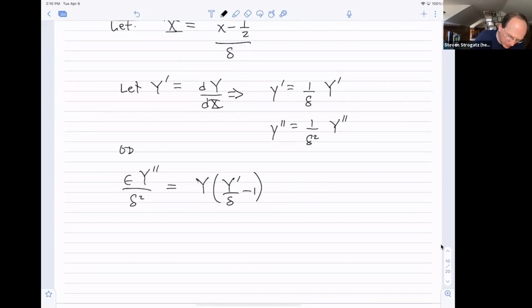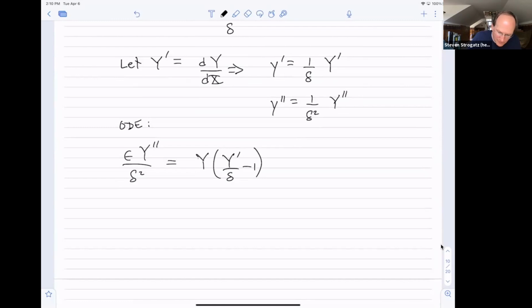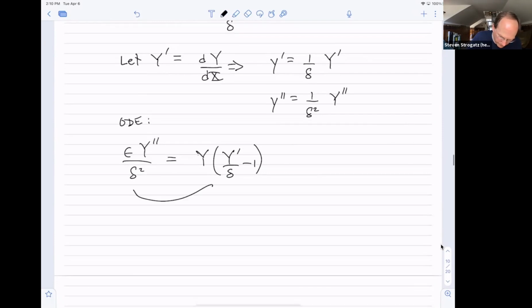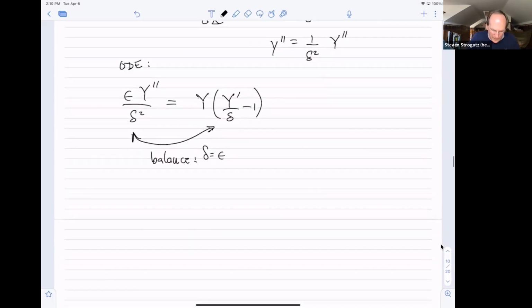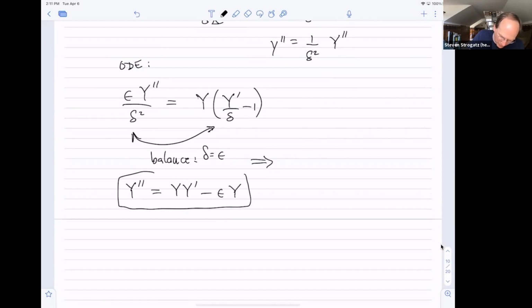So this is my ODE in these coordinates. And you can see from a dominant balance matching these two, the distinguished limit turns out to be delta is epsilon. So if I do that, then the equation comes down to Y double prime is Y prime minus epsilon Y. So that's my inner equation.